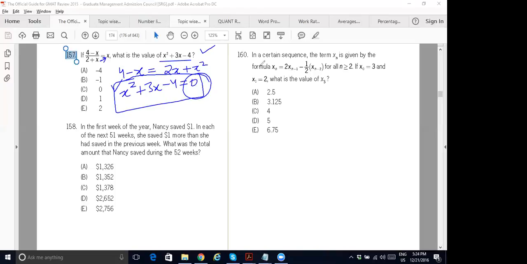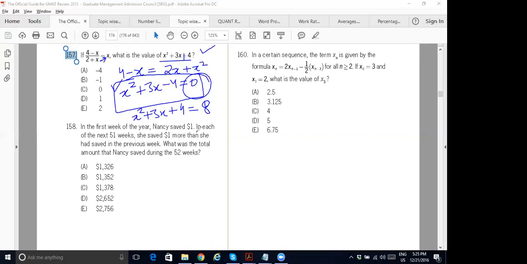Okay, so they will ask to find the value of an expression, and that is something you can easily do. Even if they ask the value of the expression x square plus 3x plus 4, then we have the value of x square plus 3x minus 4, and we can add 8 both sides. So we will get x square plus 3x plus 4 equals 8.